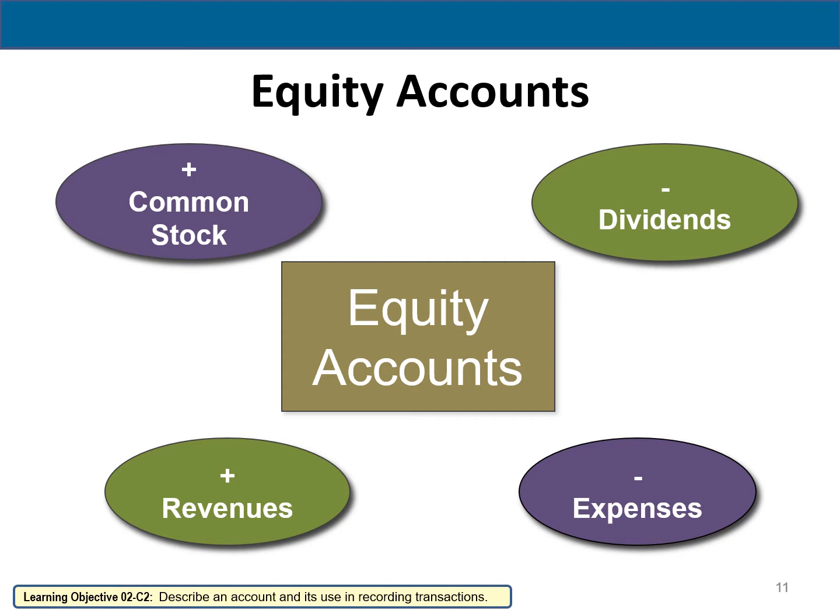Equity is impacted by four types of accounts. If you remember from last week, with the expanded accounting equation, not only did we say that assets were equal to liabilities plus equity, but we also said that assets are equal to liabilities plus common stock less dividends plus revenue less expenses, because those are the four types of accounts that impact our equity.